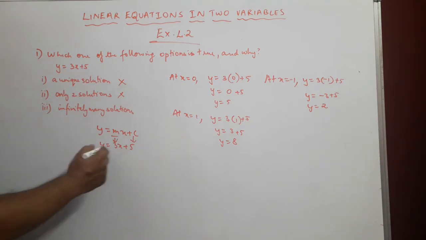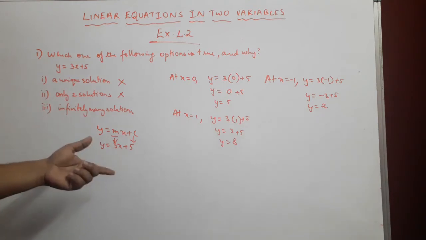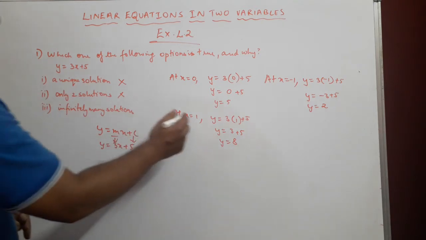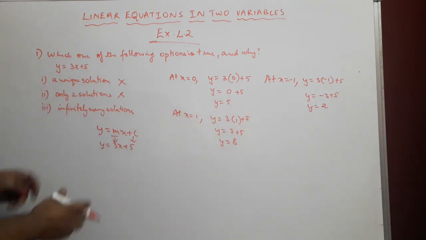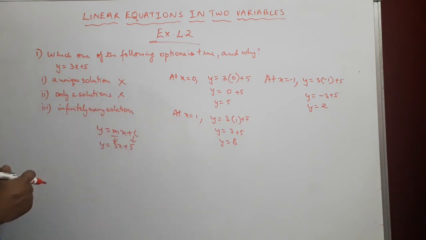Okay, and we had said in our first video that a linear equation of a straight line has infinitely many solutions. Okay, so the justification is this, this statement is true, infinitely many solutions.